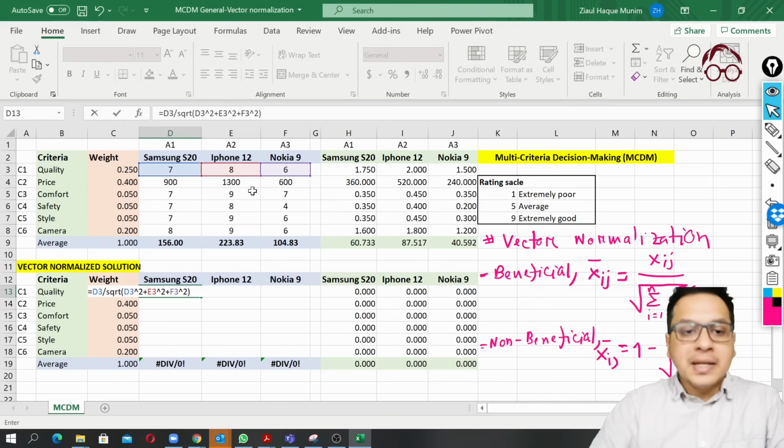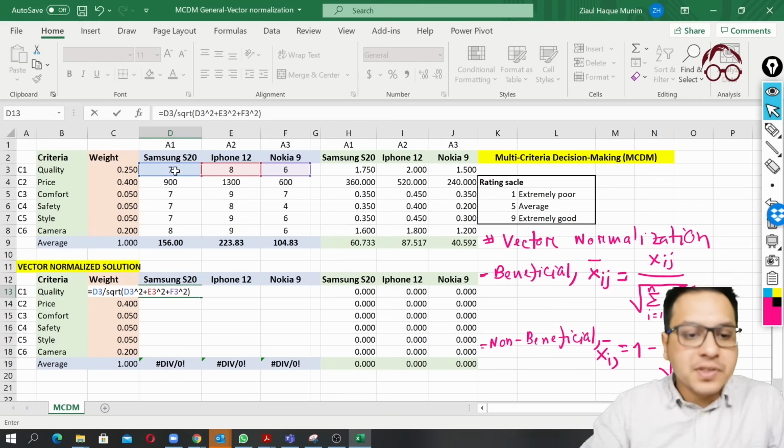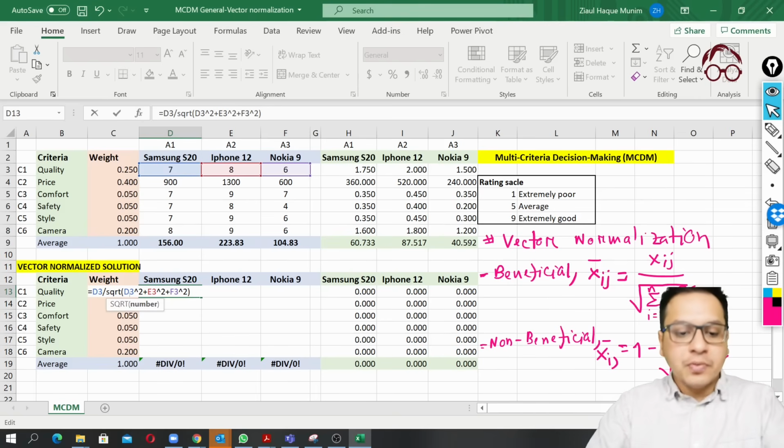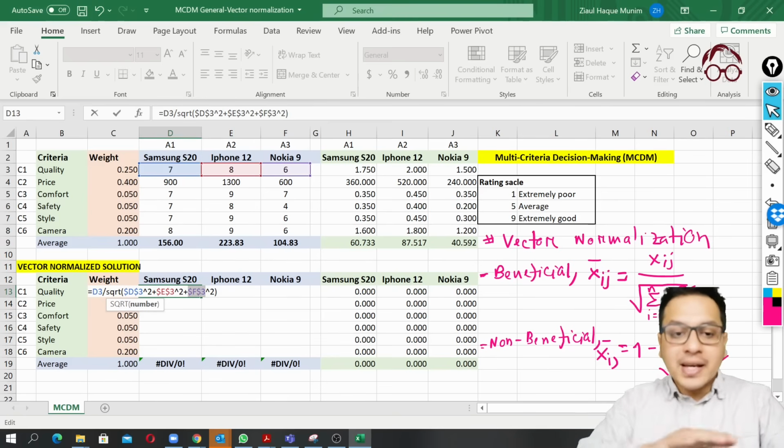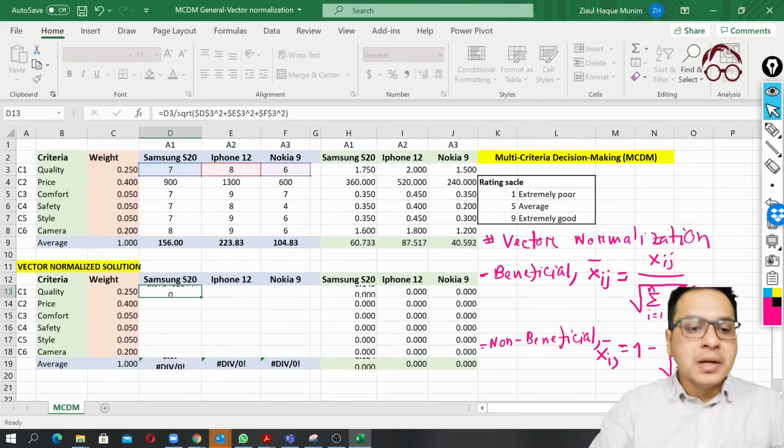So for the same criterion, we did the summation over the ratings of all three alternatives. That's it, and we should fix these values in the denominator so that when we drag it, it's no problem.